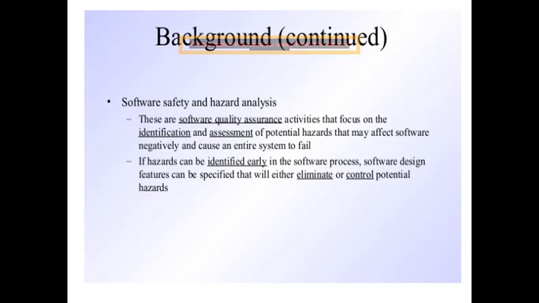If at the starting phase you identify them, we can eliminate and control the potential hazards, because at the end, after completion of the project, the nature of the risk may be more severe.